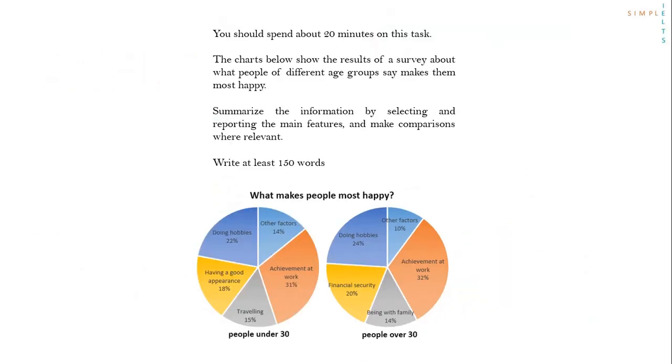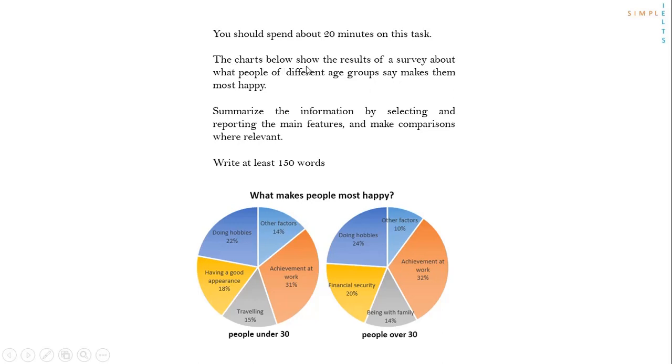First of all, I would like to give you a brief explanation about what a pie chart is. In this example, there are two pie charts, or it can also be one or even three pie charts depending on the situation. So there's also written information about these two pie charts.